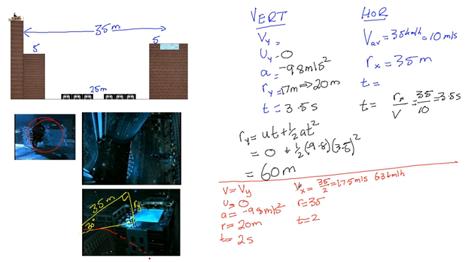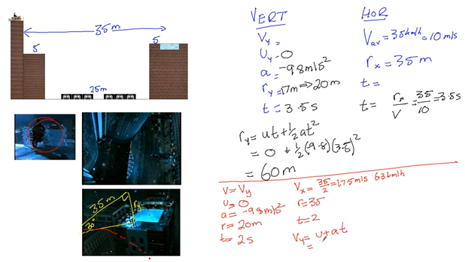Then the final step is, well, what speed does he land onto the water? Well, the speed that he's going at is a combination of both his horizontal speed and the vertical speed. So let's now work out this vertical speed. Vy = u + at.